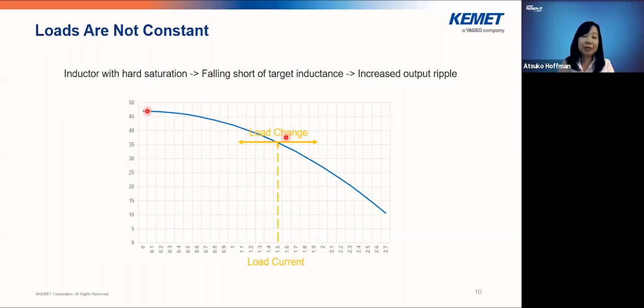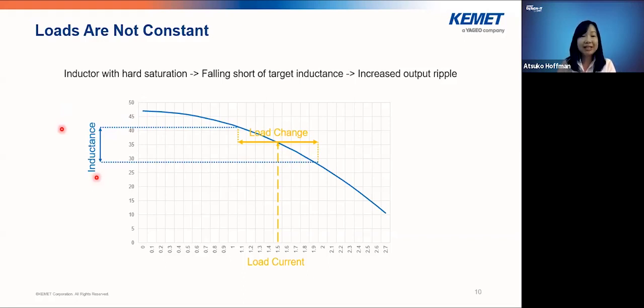In this example, when you change the load current from 1 amp to 2 amp, you would see inductance drop from about 40 microhenry down to 30 microhenry. So that's a 10 microhenry difference when you change the load from 1 amp to 2 amp.